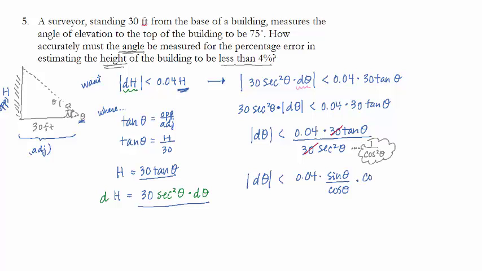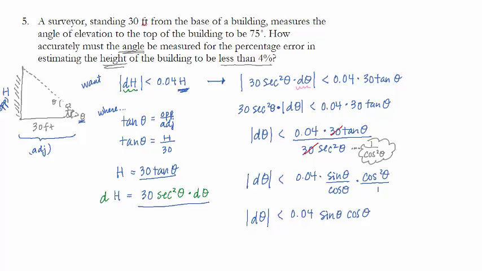So that would be times cosine squared theta over 1. And get rid of one cosine theta. d theta needs to be less than 0.04 times sine theta times cosine theta. So that's how we know the accuracy of theta.